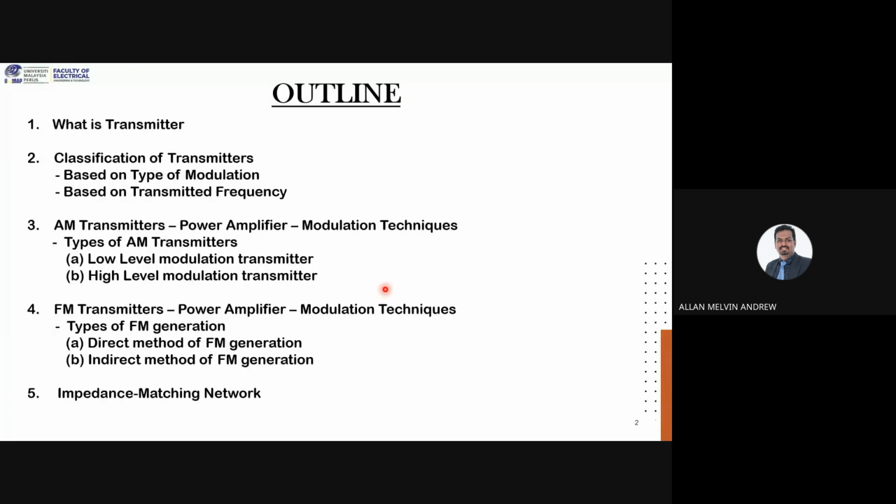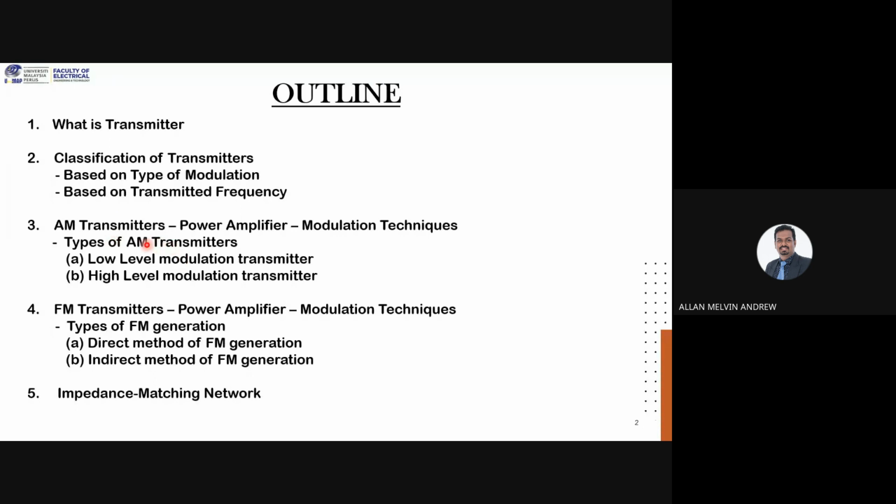So the outline of the chapter will cover what a transmitter is. We will learn what a transmitter is about, then the classification of transmitters, the different types of transmitters, then amplitude modulation transmitters. What are the parts that are involved inside?